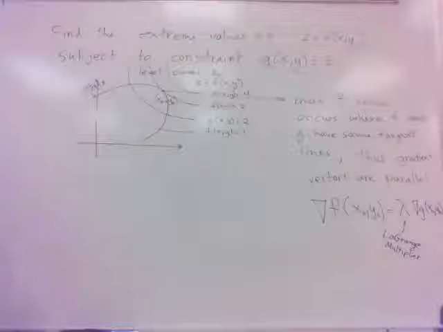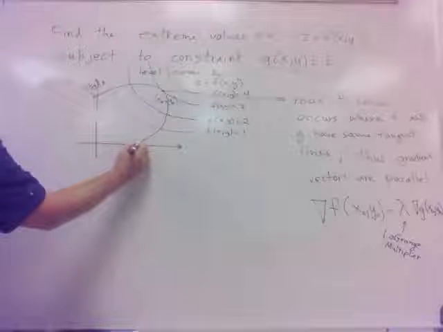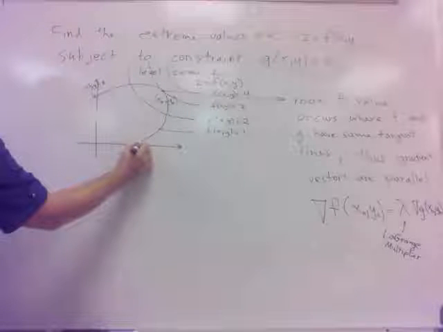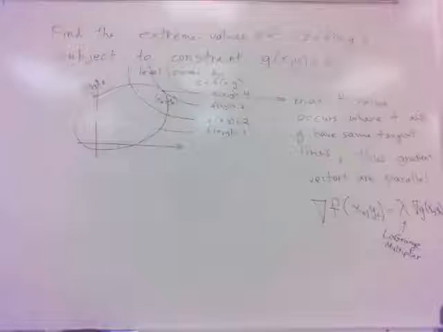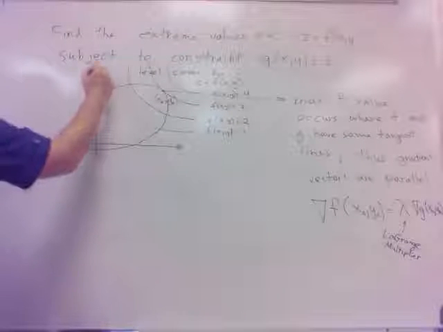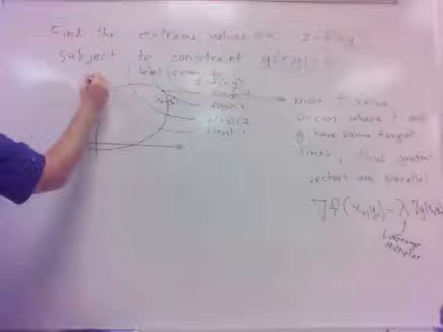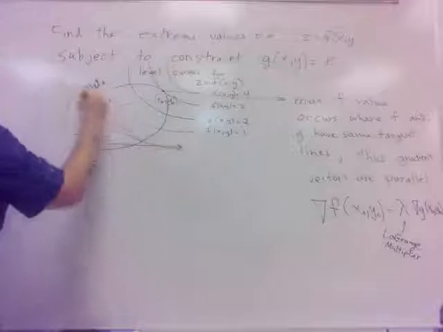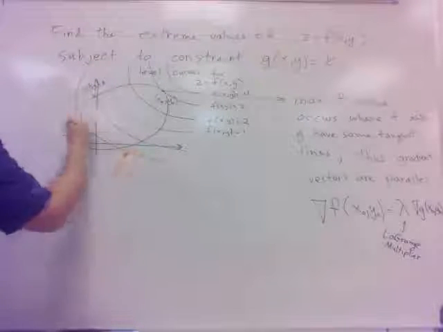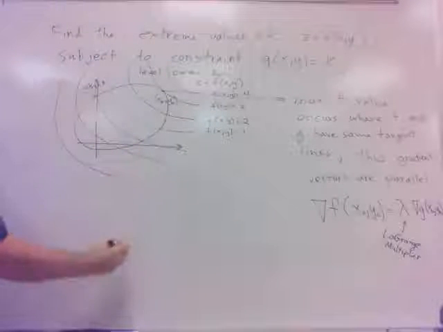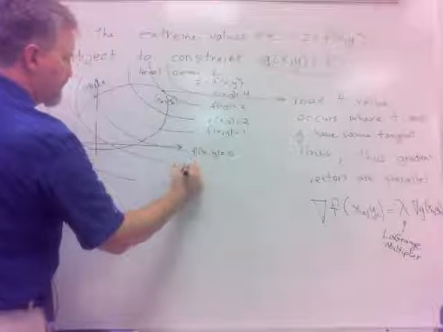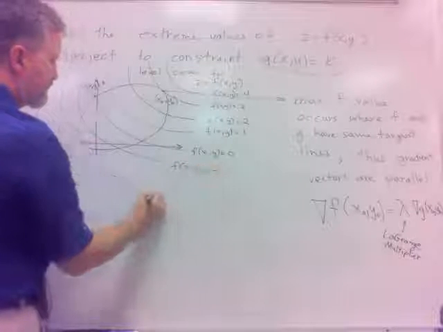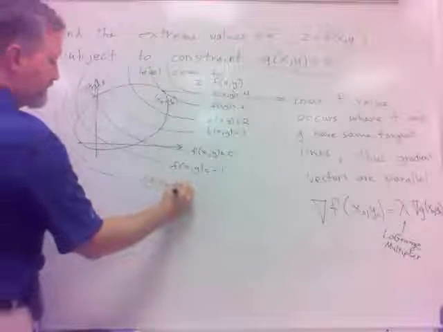Now, notice also, if we wanted to, let's say our g of x, y continued on out here, just kind of connected up, kind of an elliptical shape. Well, if we continue our level curves, they kind of seem like they're doing this. So let's say that's f of x, y equals 0, f of x, y equals -1, f of x, y equals -2.